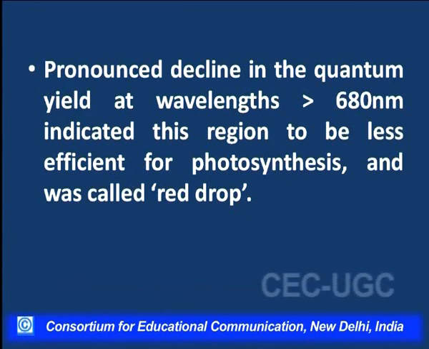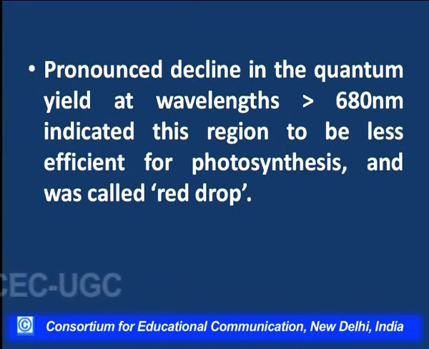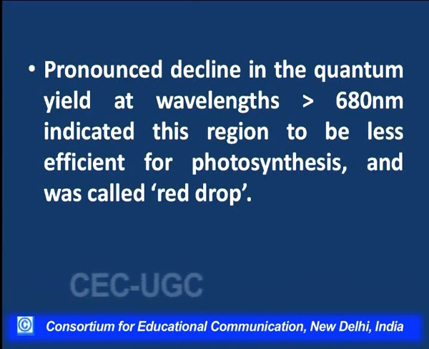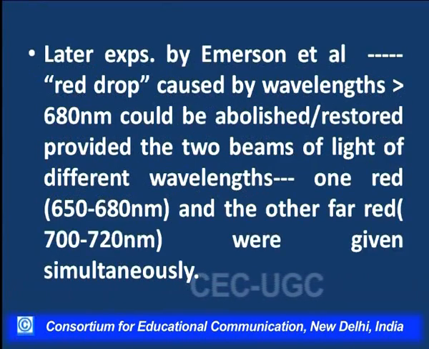It was less efficient, and this phenomenon was called by Emerson the red drop. This is a phenomenon which helped us discover what we call the two pigment system of photosynthesis, or the two photosystems.